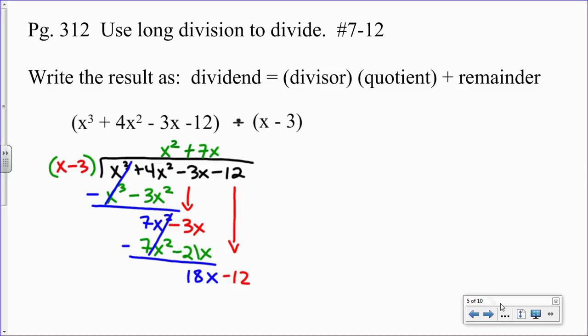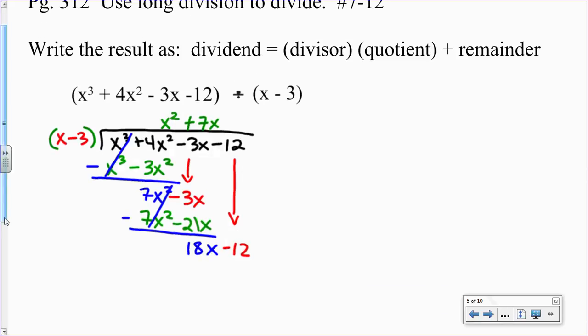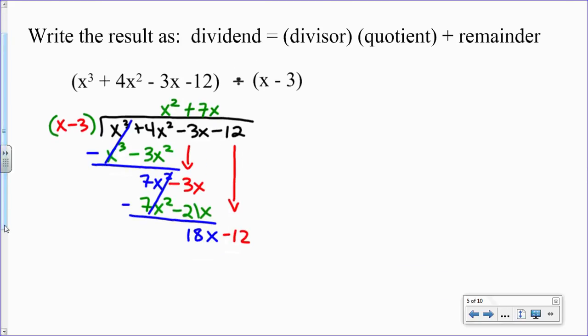Okay, back up at the top. What do you multiply x by to get 18x? Okay, back up to 18. And then 18 times negative 3. Negative 54. Is that right?